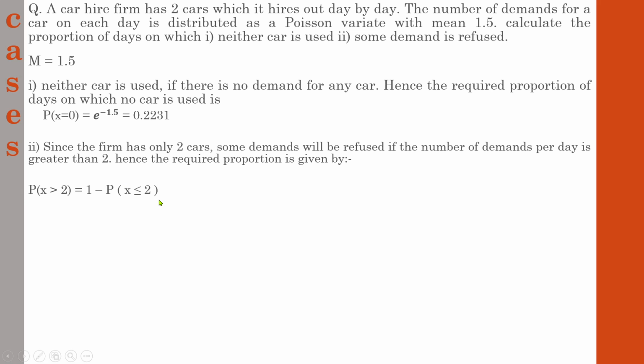That will be the opposite of x greater than 2. So this is how you deal with situations where the probability is for values greater than a certain value or a large number of values in the distribution: just do the opposite. Whichever is smaller, you choose wisely. So P of x less than or equal to 2 means it will be 0, 1 and 2.